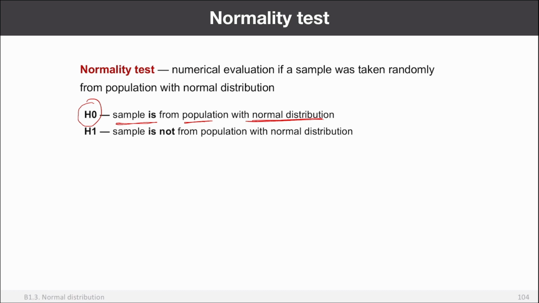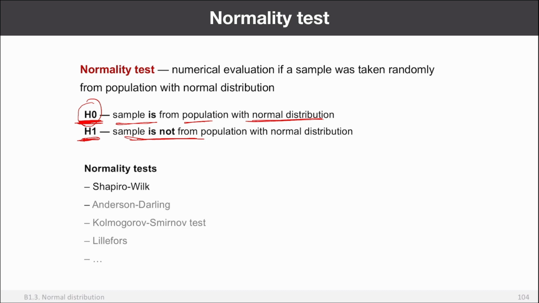So that's why we have this default assumption. And then we have an alternative assumption. If we don't have any evidence to support our default assumption, we can take the alternative assumption, which is that our sample didn't come from a normally distributed population.